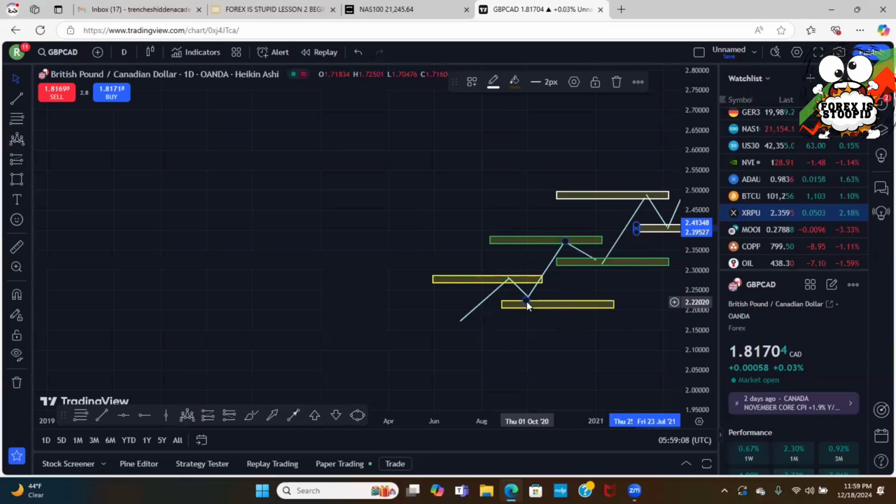Like I see so many people drawing swing high, swing low, swing high, swing low, and they be on a smaller time frame. Like, bruh, if you pull back, literally, look, I'm gonna put it right here.